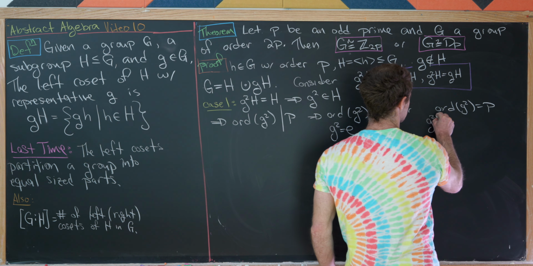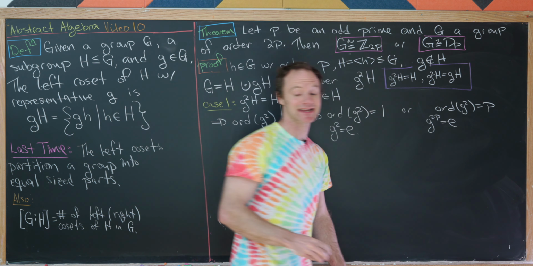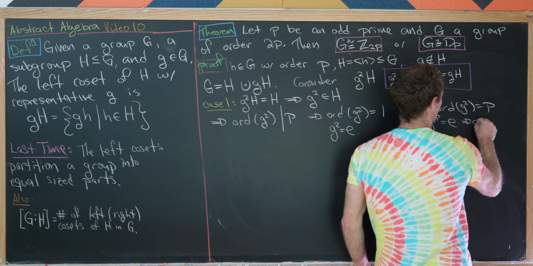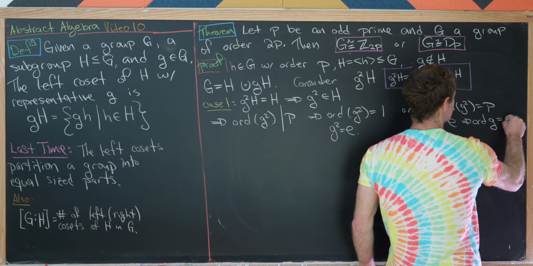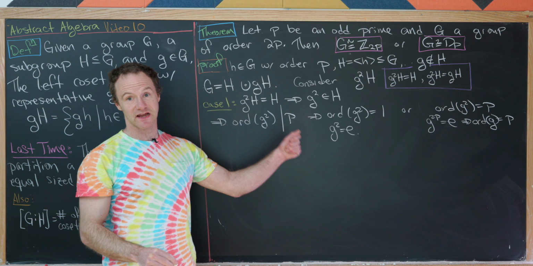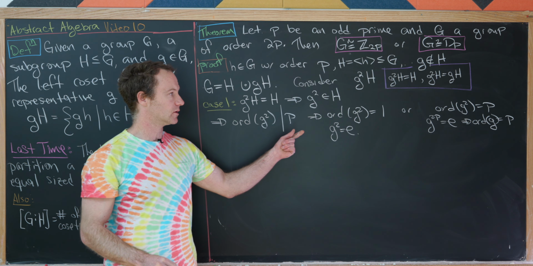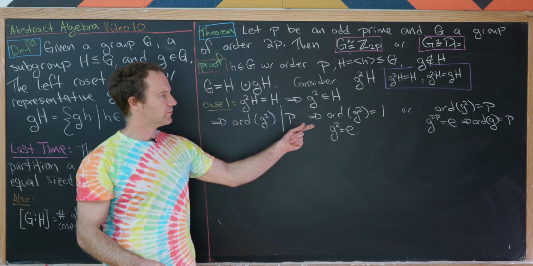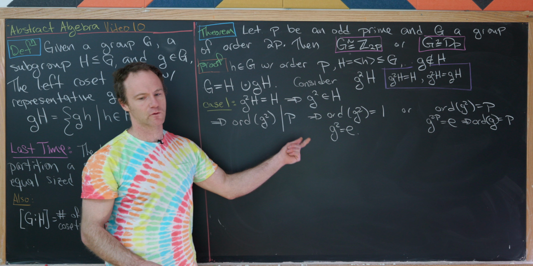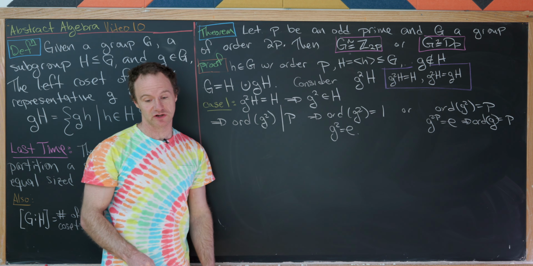That means G to the 2P is equal to the identity, which means that the order of G is equal to P. Well, we know that G squared is not the identity because its order is P, but we also know that G doesn't have any elements of order 2P. That was one of the original assumptions.